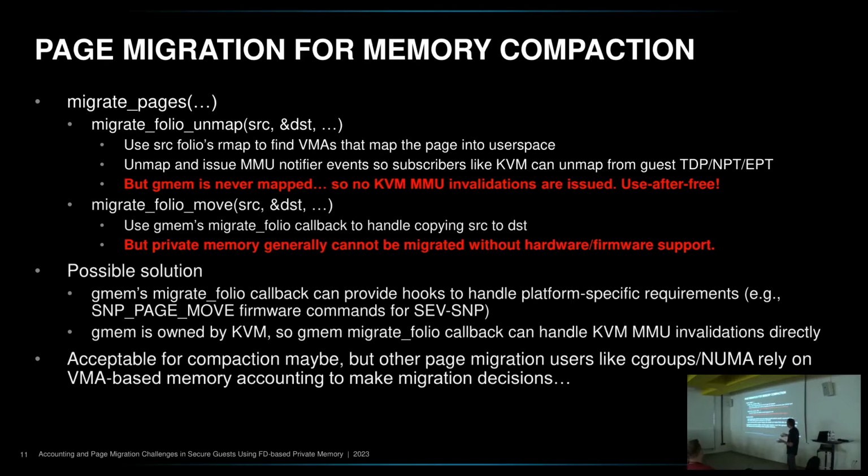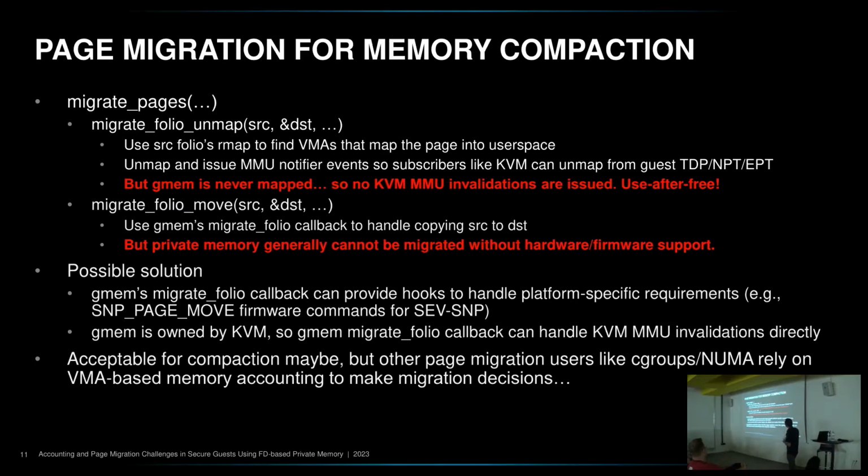And for each of those, it'll unmap that page from that process's page table, and then it will also issue MMU notifier events to let those processes know that that page is being migrated and that the process shouldn't attempt to use it or map it until that notification sequence is completed.